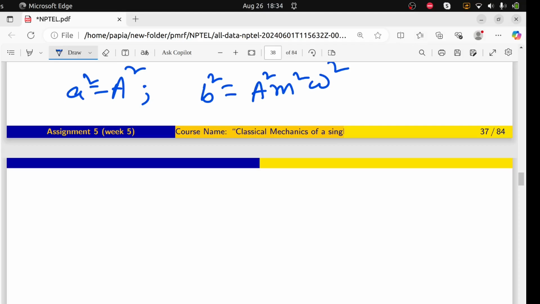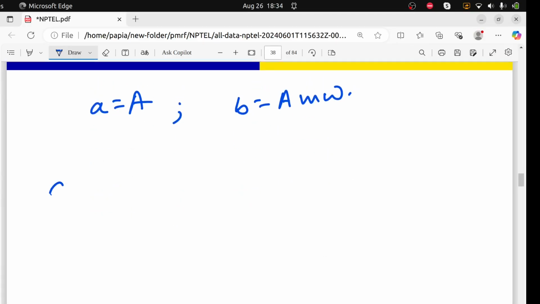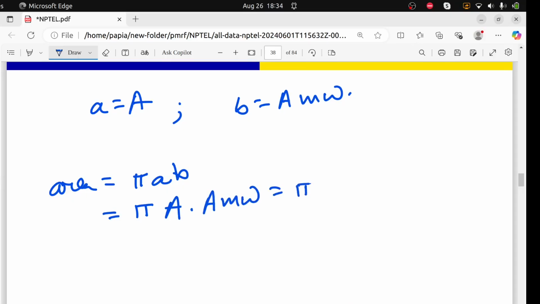So a will be A, b will be A m omega. Now the area is pi a b, that means pi A square m omega. So it is pi m omega A square.